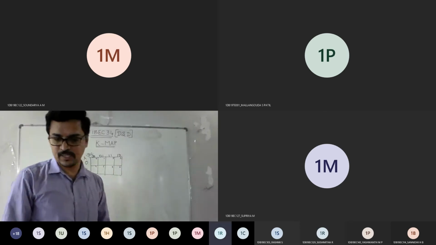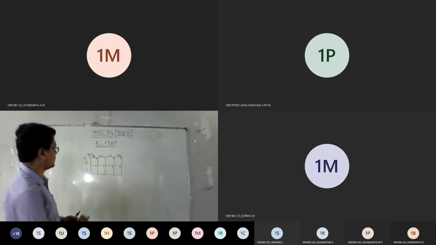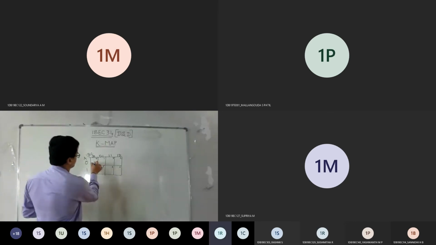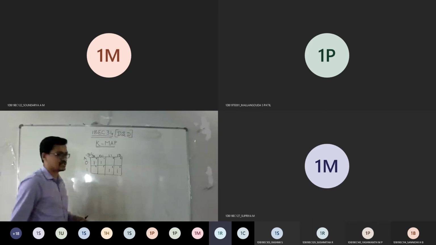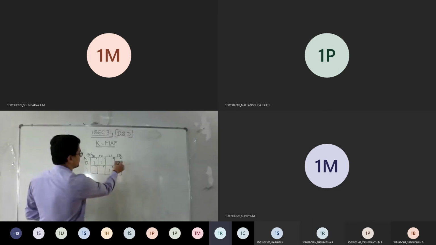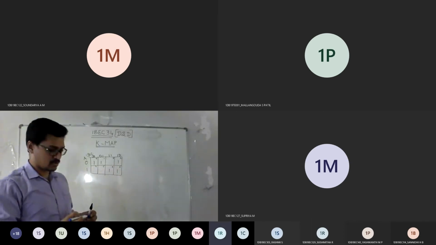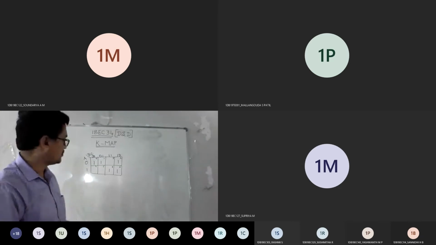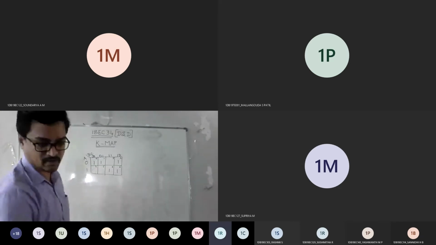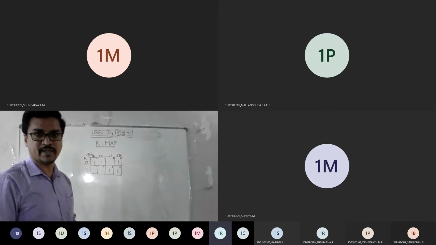Clear? So assume that there are things filled like this, right? Since I am dealing with respect to my SOP, nothing but the min term, we know the logical one is marked for your min term, correct?